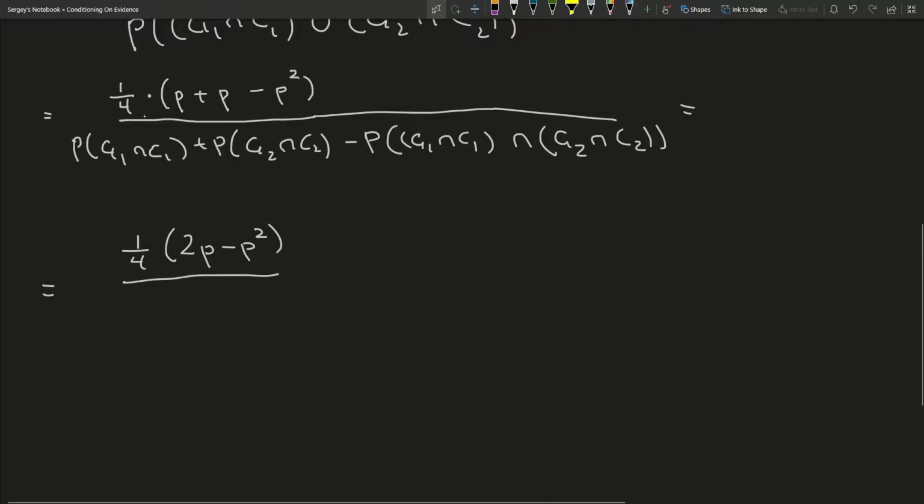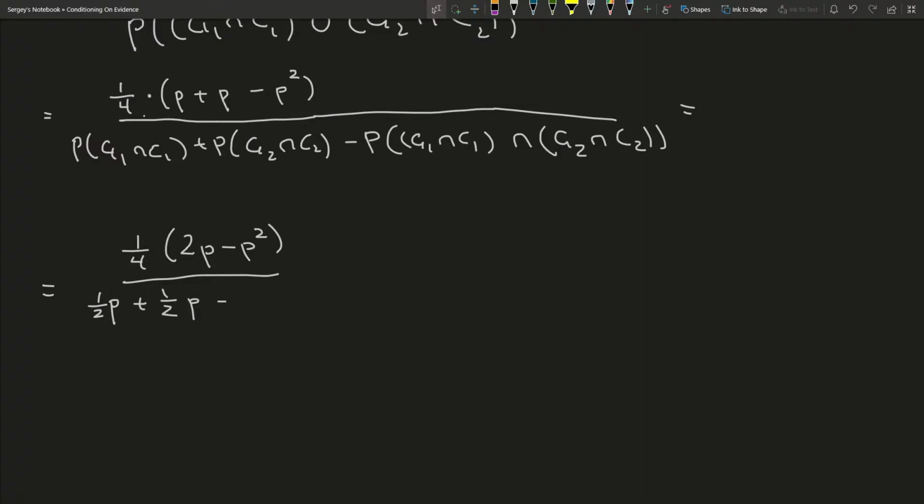And now we divide this by, so again here we're going to break this down. We're going to say this is the probability of G1 intersect C1 plus the probability of G2 intersect C2 minus the probability of the intersection of those things, so G1 intersect C1 intersected with G2 intersect C2. Now in the denominator, the probability of G1 intersect C1, again, gender is independent of having the characteristic. So this is 1/2 p plus, by symmetry, same goes for the second child, 1/2 p minus the probability of the intersection here. So this says both are girls with characteristic C. And again, gender between kids is independent, and having the characteristic between kids is independent and is independent of their gender.